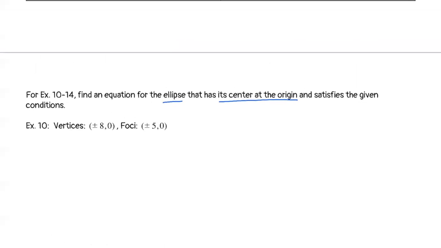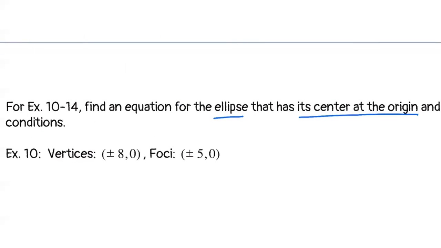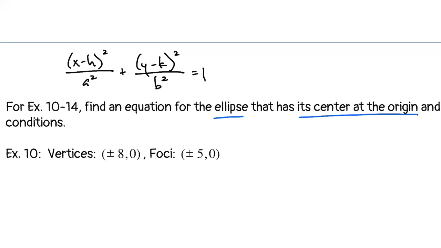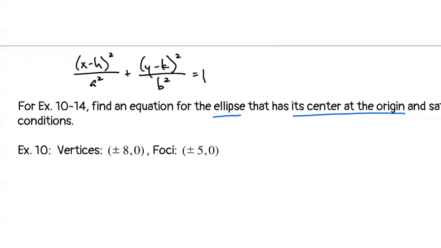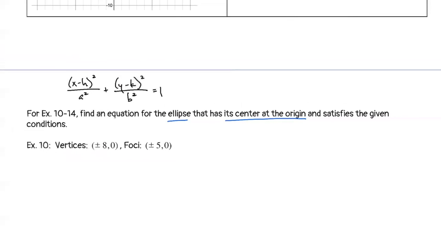So before we jump into that, earlier, I said x minus h squared over a squared plus y minus k squared over b squared equals 1 is like a general form of an ellipse. Meaning, if I want you to write an equation, you would be writing something like this, right? But I gave you a specific constraint in here that actually allows you to simplify this equation.